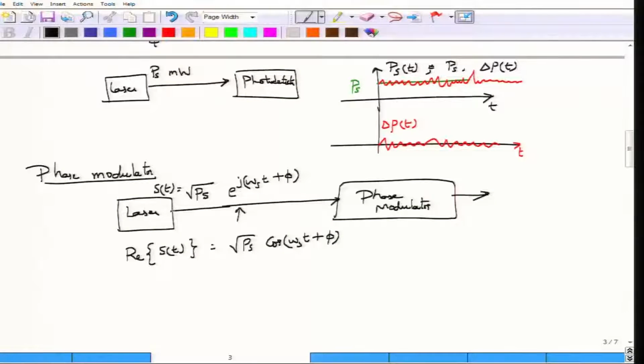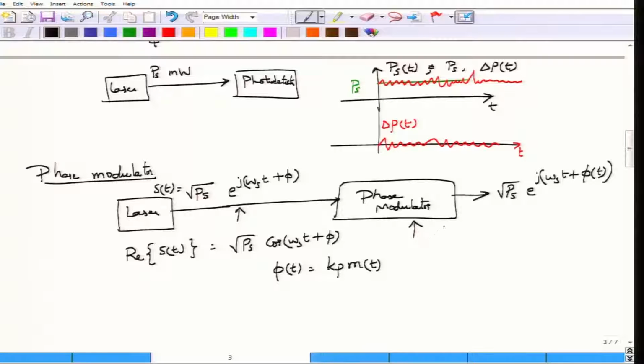The input is this sinusoidal signal coming out from a laser, and the output of this would not change the amplitude because this is just changing the phase. It would also not change the frequency omega s, but it would change the phase to phi of t, in the sense that this phi of t will be dependent, with some constant kp if you want, on the signal that you are putting to the phase modulator.